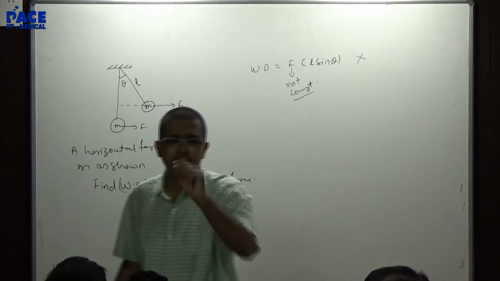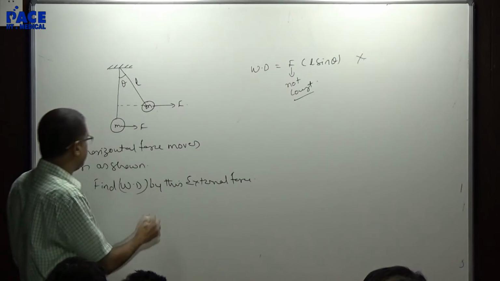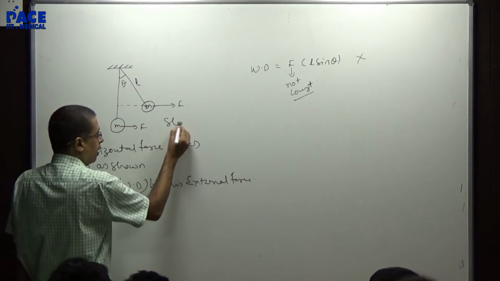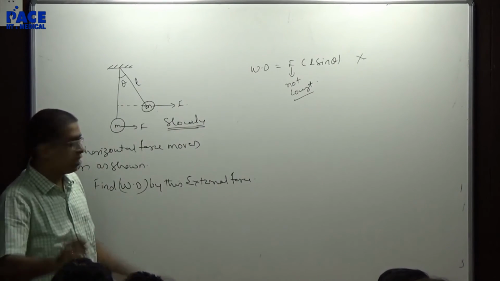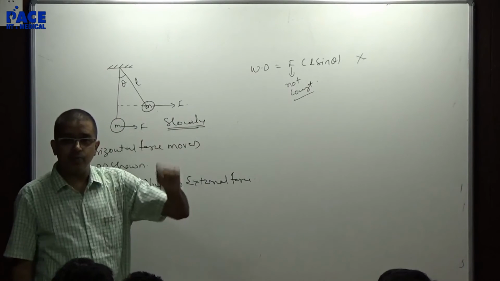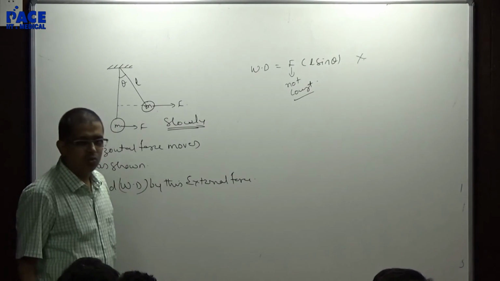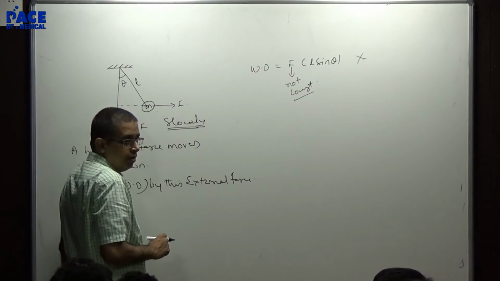Did he tell you in the question that force is not constant? He didn't tell me. But he told me one piece of information, that this force is moving small m slowly. What does this slowly mean? In physics, whenever you use the word slowly, it implies it is moving with uniform speed. So how does that tell you that the force is not a constant force?